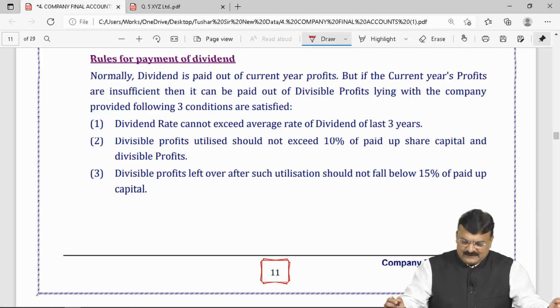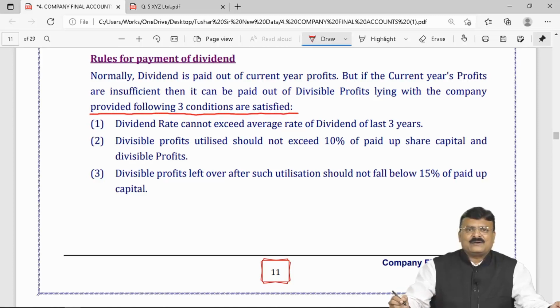The theory says normally dividend is paid out of current year's profits. But if current year's profits are insufficient, then it can be paid out of divisible profits lying with the company, provided the following three conditions are satisfied. All three conditions should be satisfied at a time.